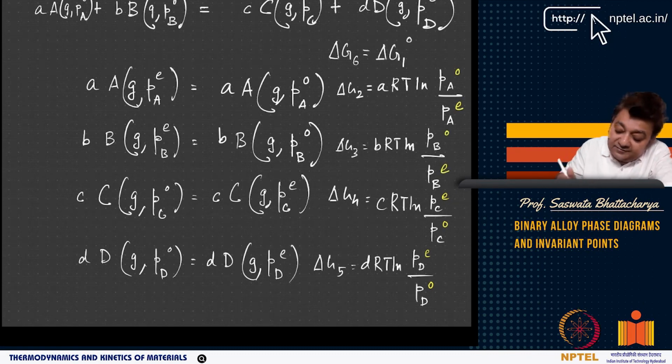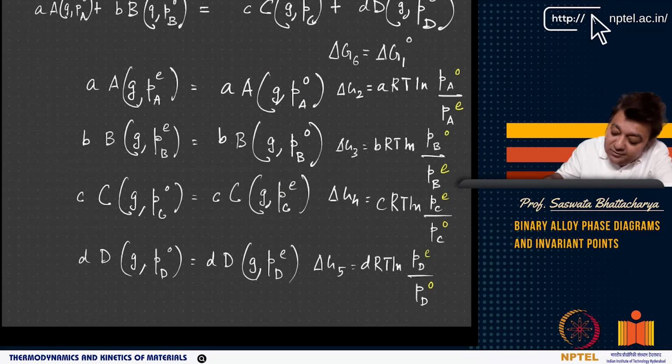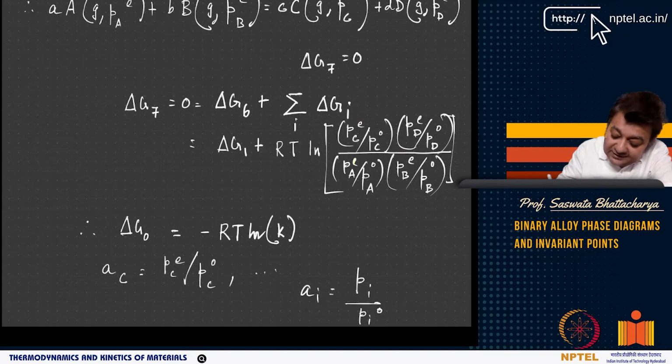So if you add them, what do you get? You have PA naught by PA equilibrium, PB naught by PB equilibrium.